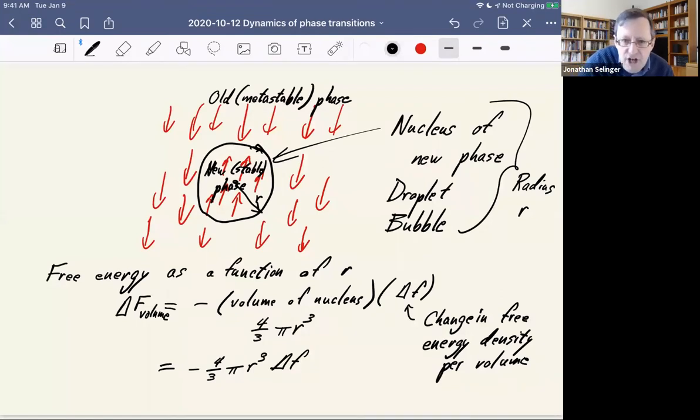There is some other unfavorable change in the free energy, which is associated with the interface, with the surface that bounds this nucleus, right? That's because the nucleus is one region where the spins are up, but there's some other region where the spins are down, okay?